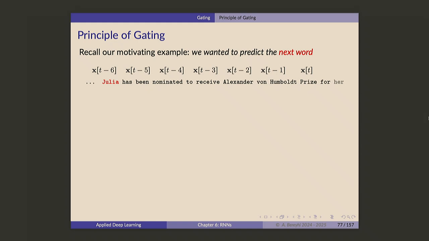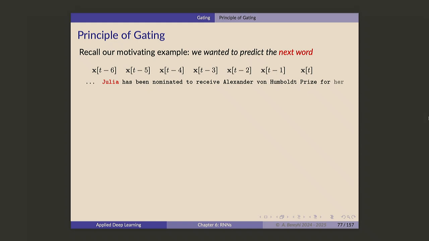Now, if we have a vanishing gradient, and Yulia has happened a long, long time ago, this means that the gradient that you are computing is having very minor impact by Yulia. So it means that your RNN is not really having long memory enough to remember it was Yulia, even though theoretically it could be able. But in practice, you cannot do it simply because of the vanishing gradient.